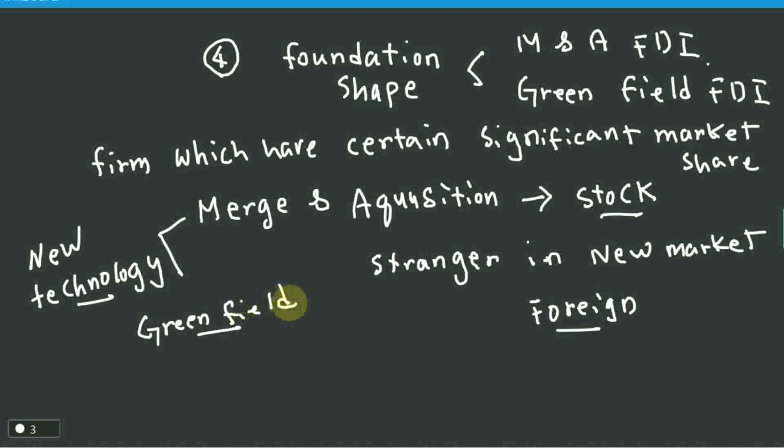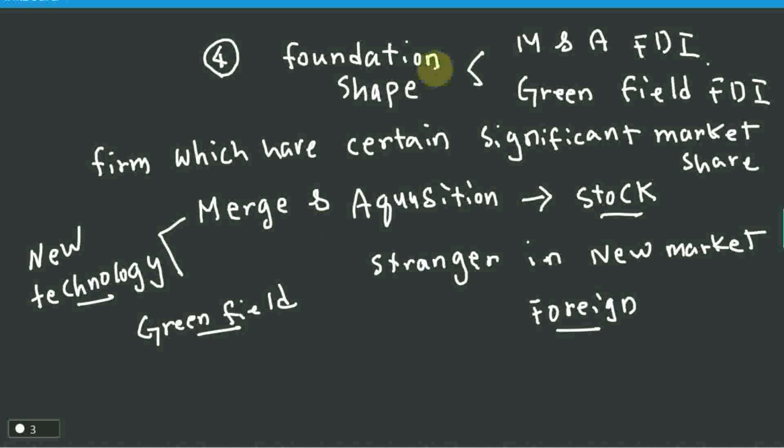Okay, so merger and acquisition is an easier way to run into a new market because you might merge with a firm which has significant market share in the local industry.